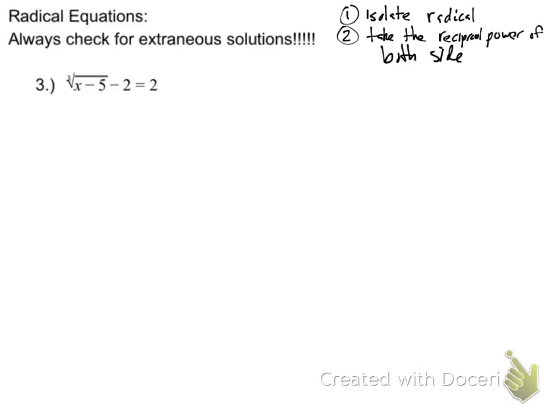Cubed root is the same as what power? 1/3. So to get rid of a 1/3, you multiply by its reciprocal of 3. If it's a 1/2, 2. If it's a 5th root, you take it to the 5th power. And so on and so on. Yes? And so then, in step 3, once you get rid of that, you can just solve.